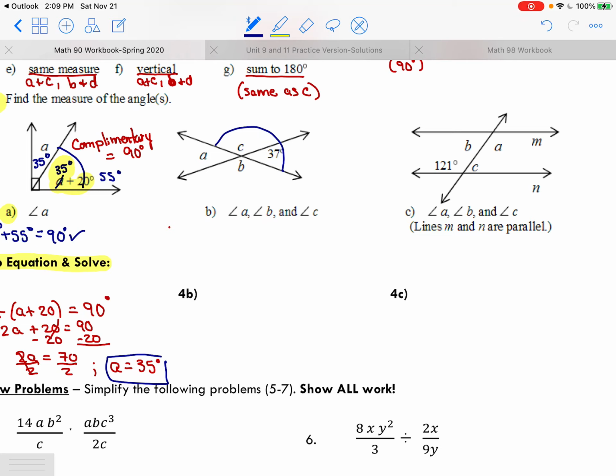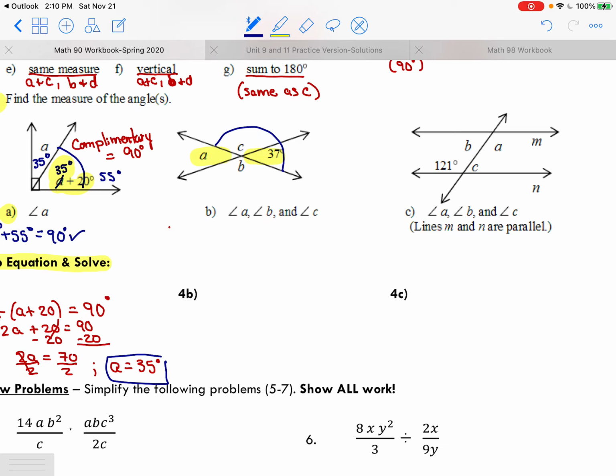For sure, absolutely. But the other thing you could decide to do first, if you wanted to, is vertical angles. And sometimes you need to do both, right? Sometimes you actually need to figure out both. So it doesn't really matter where you start.